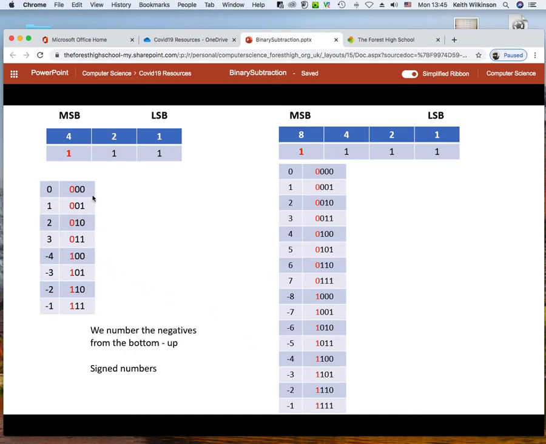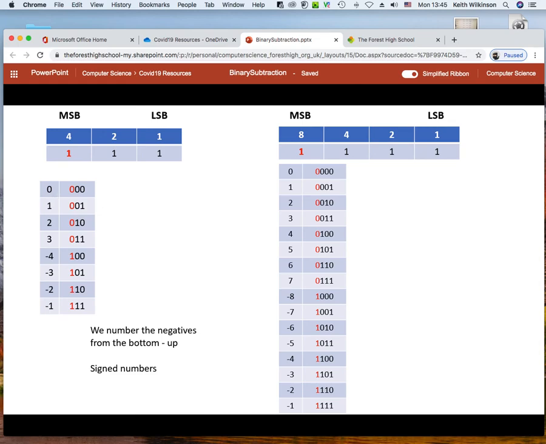We start off with the bit pattern. We need to know how many numbers there are. So if I've got 3 bits, I know that's 2 to the power 3. I've got 8 different values. Because they're signed numbers, half of them are going to be negatives, half of them are going to be positives. I start off with 0 and I write down half of them.